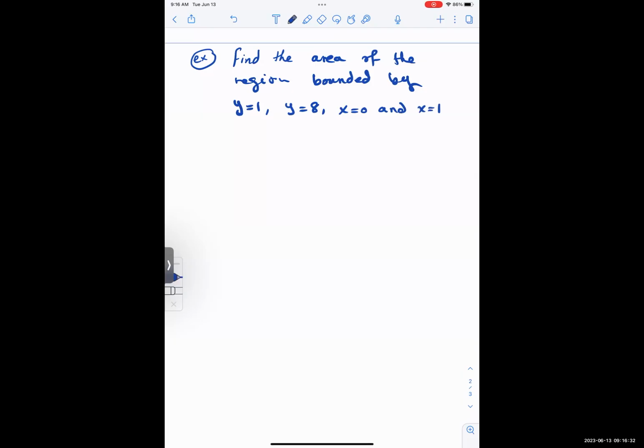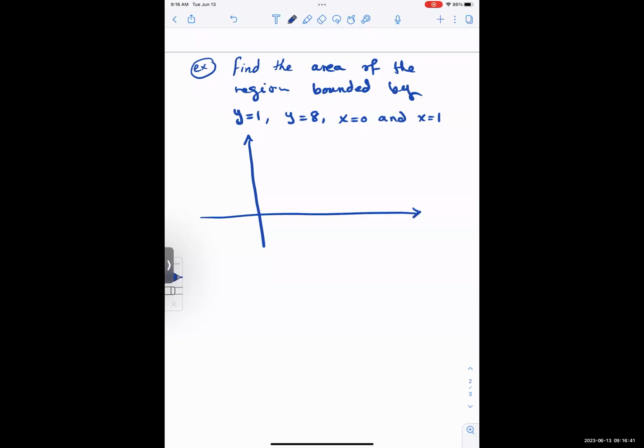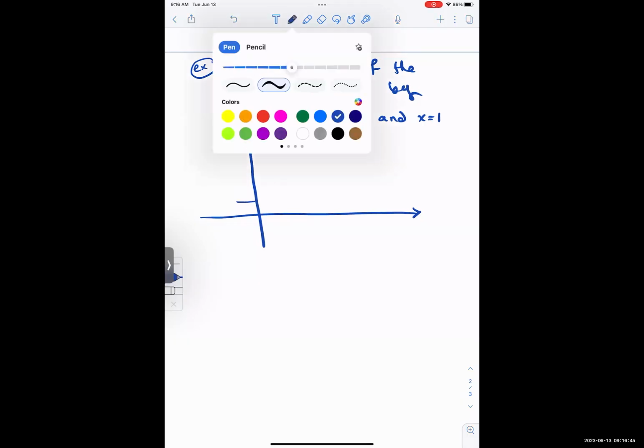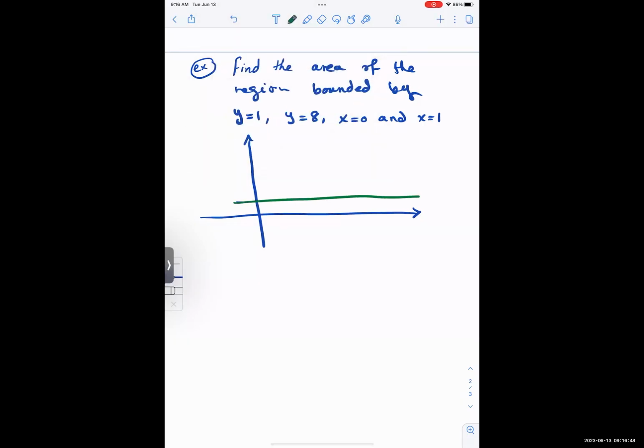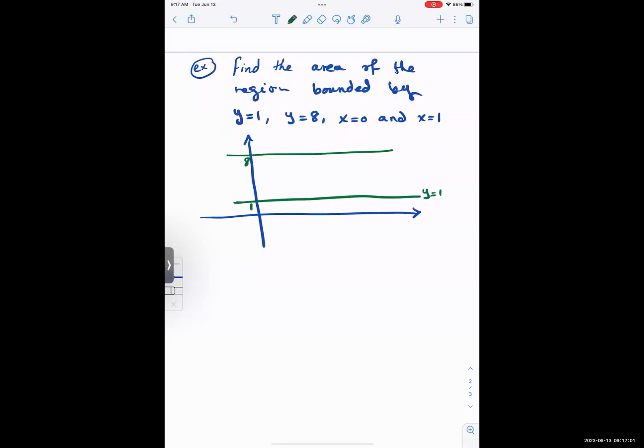They need to tell me the boundaries, and here is the graph. So you want to find the area bounded by y equal to 1. This is y equal to 1. This is y equal to 8. Every time with math, you gotta be patient.